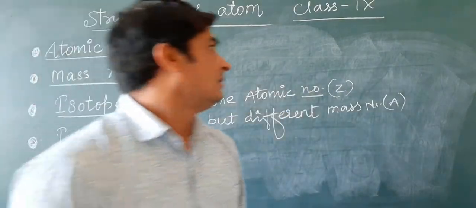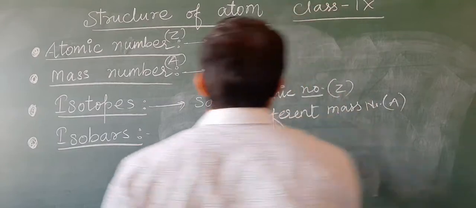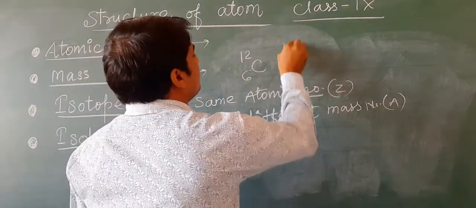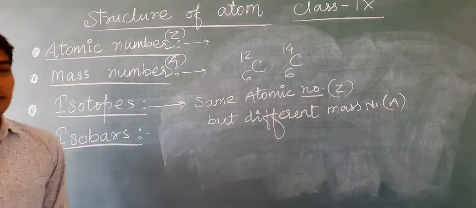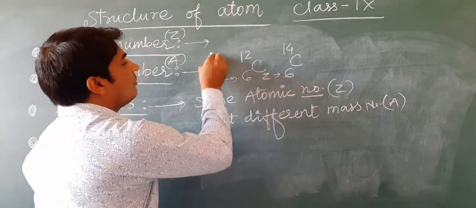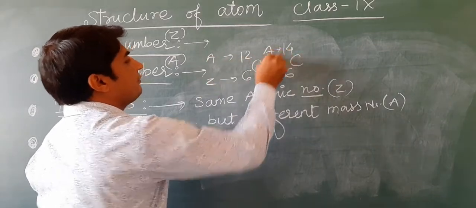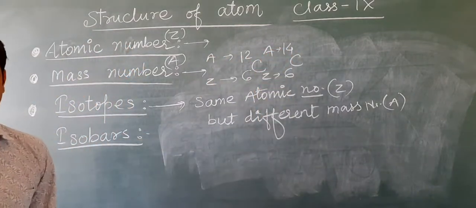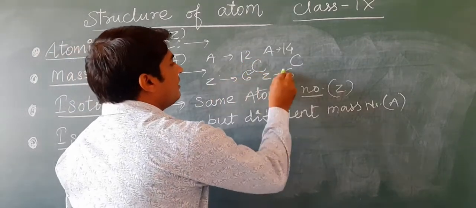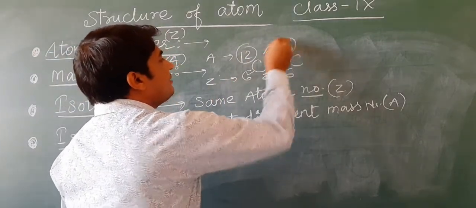For example, we are taking the isotopes of carbon. Carbon exists in two isotopes. Here we can see Z is equal for both, but mass number is different for both. Okay, so atomic number is same, mass number is different.